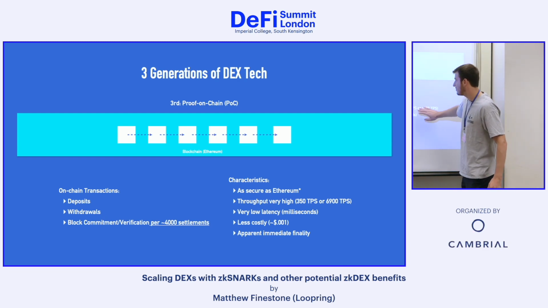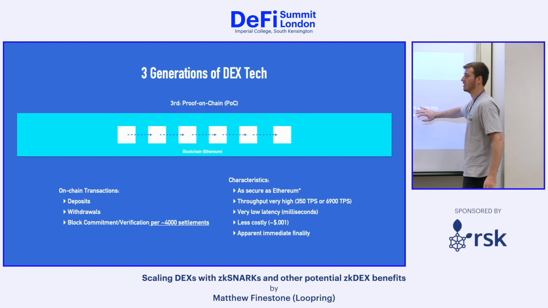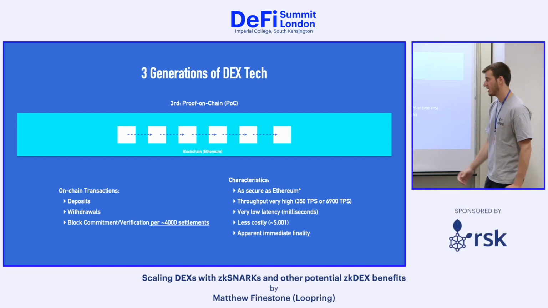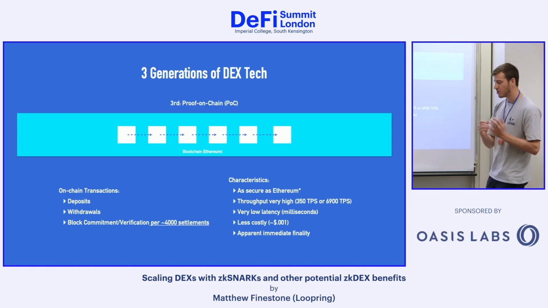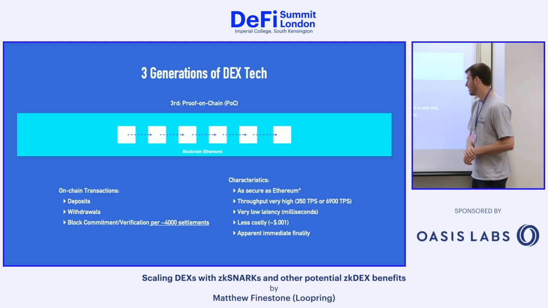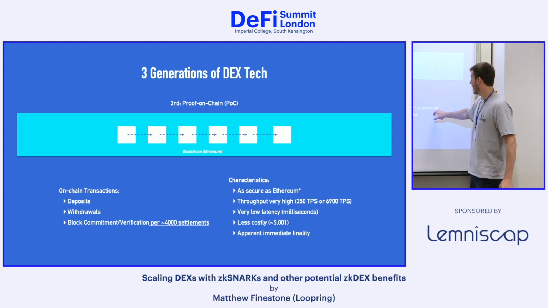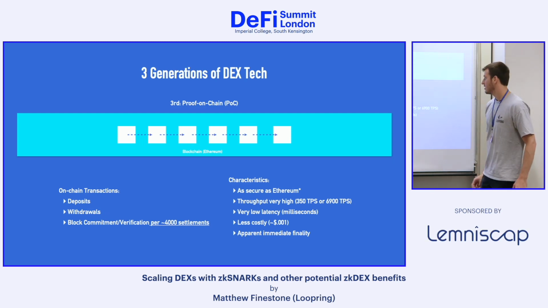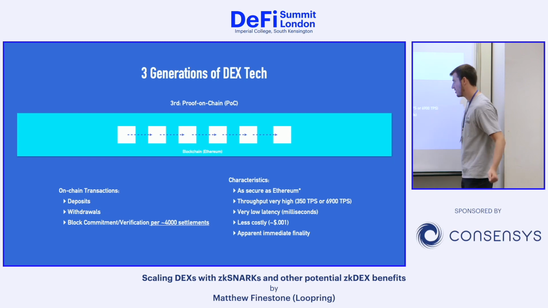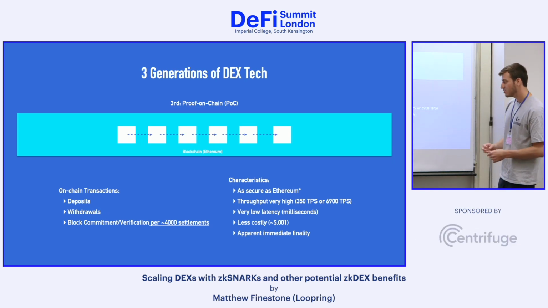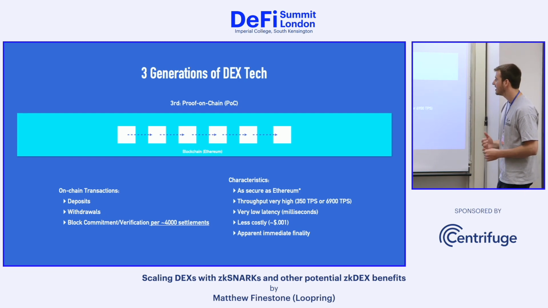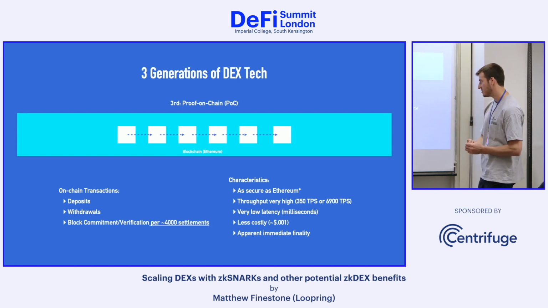It's 350 transactions per second in the on-chain data availability case, which again is the most secure version. Without on-chain data availability, we could go to 6900. Very low latency, again, just updating that Merkle tree basically, so it's milliseconds. It's super cheap. It could cost thousandths of a penny to settle a trade.